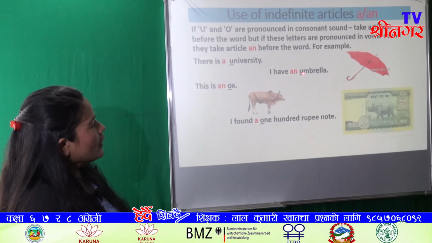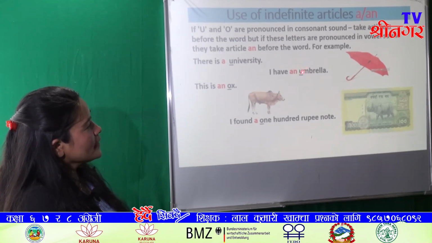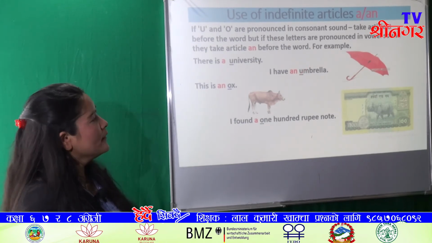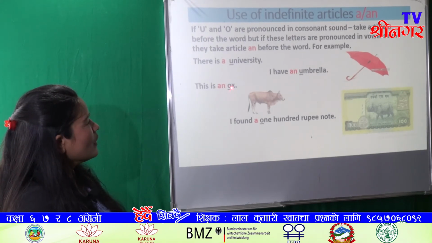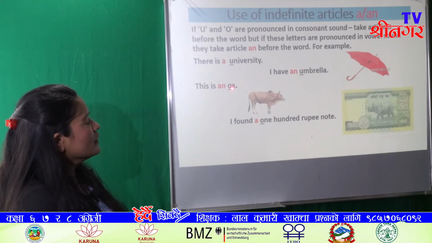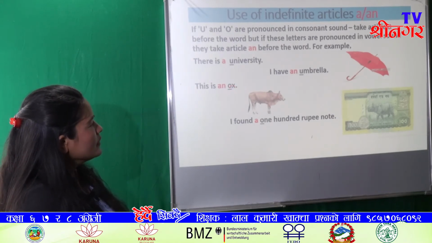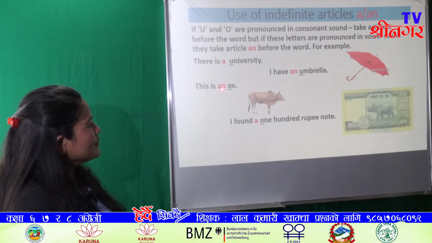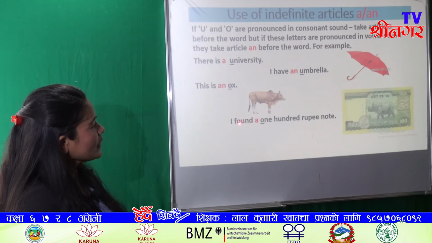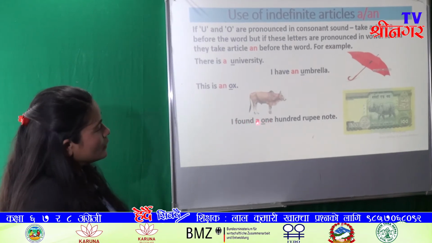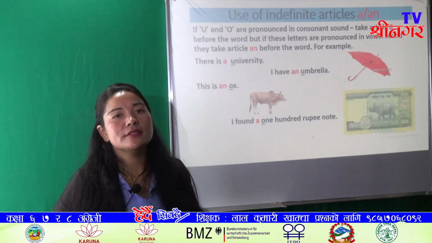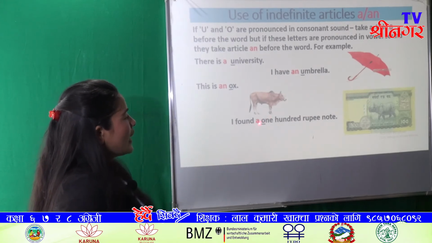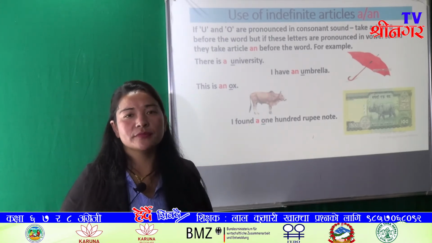And umbrella, this word we pronounce as "um", a vowel sound, so here we have used an. In the next, ox is pronounced with a vowel sound, so we have used an. And in the next sentence, one is pronounced with a consonant sound, so before one we have used article a.